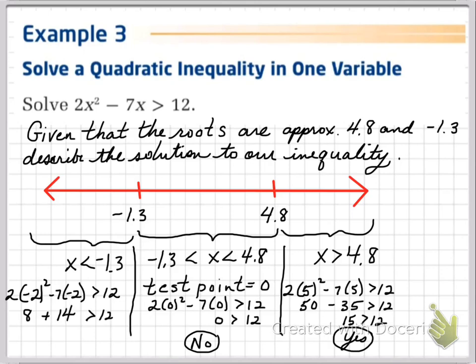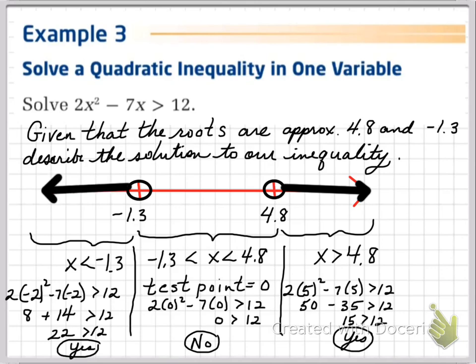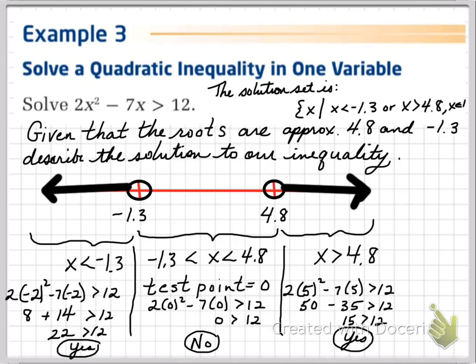Plug that in and check, and you get 22 is greater than 12. So yes, that's also part of our solution. To graph this, you would draw open circles around 4.8 and -1.3. We can also put that down as our solution set: all x such that x is less than -1.3 or x is greater than 4.8, and x is any real number.